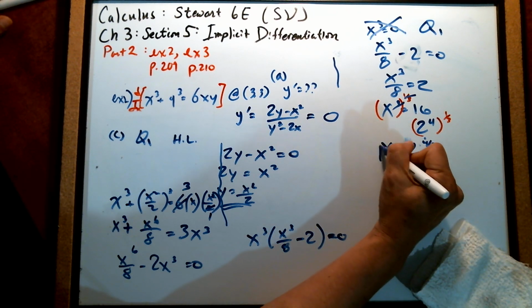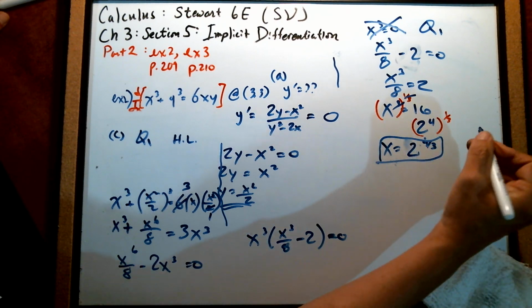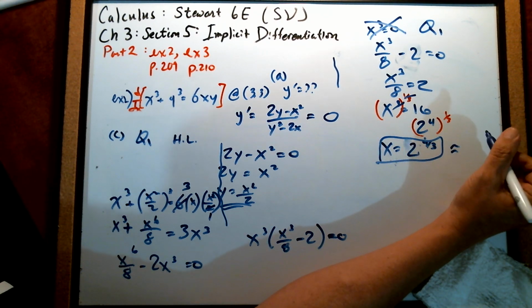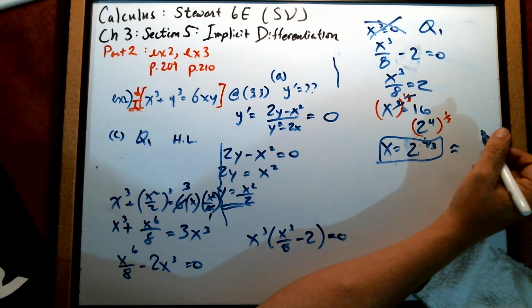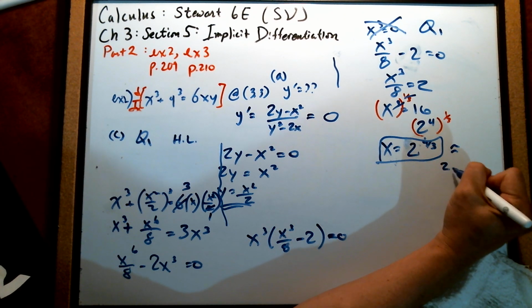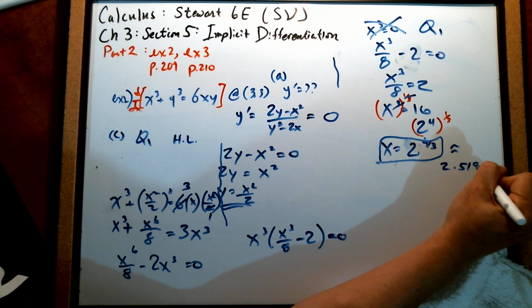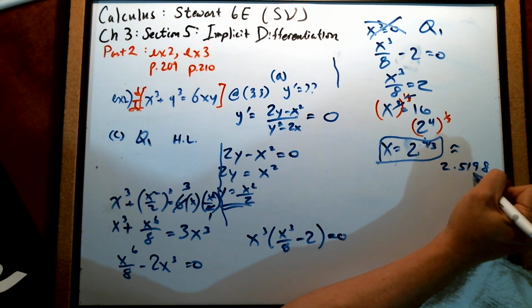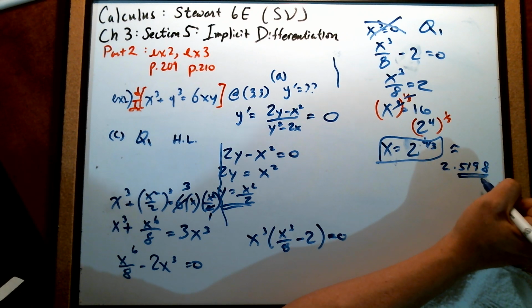And that's your x value. Oh, by the way, I did work that out on my calculator. That happens to be approximately, I believe, 2.5198. If you use your calculator on the AP, you should go to the 4th decimal place on your calculator for the AP exam.